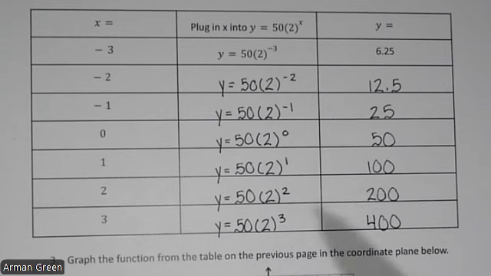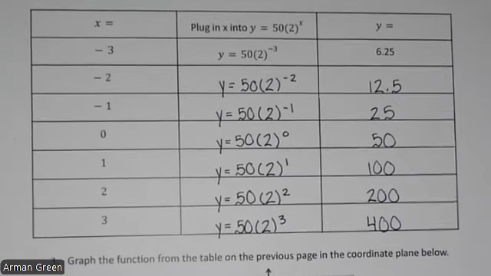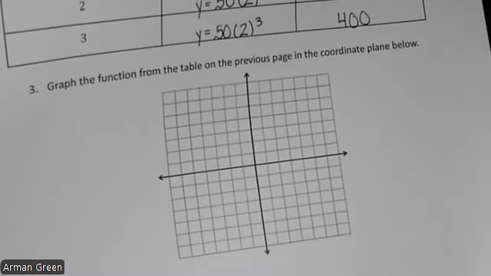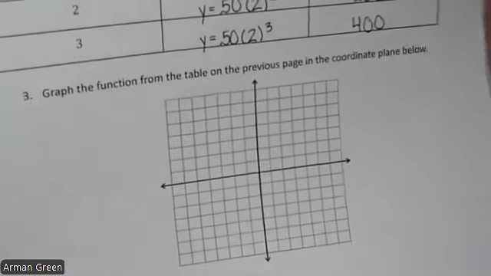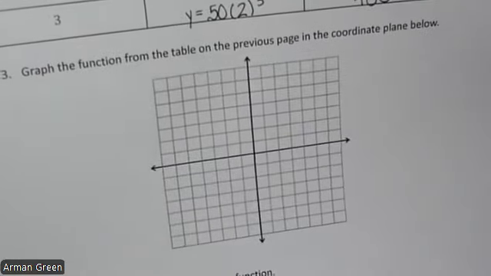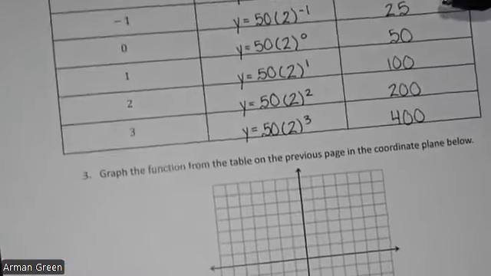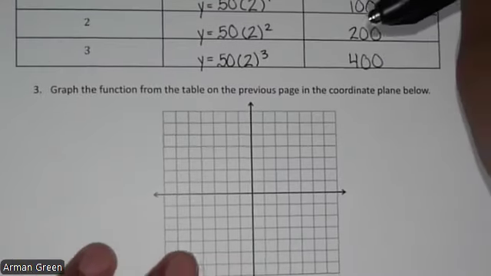We're going to use this now to look at how we are going to graph this function. Similar to the do now, we have a coordinate plane here at the bottom. What we're going to do is take some of these points that were given to us and graph them here.